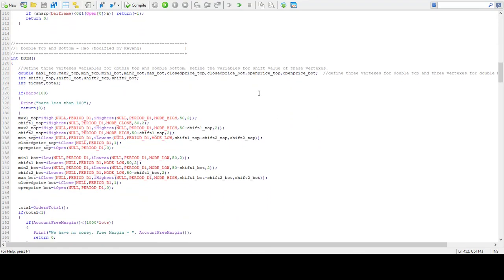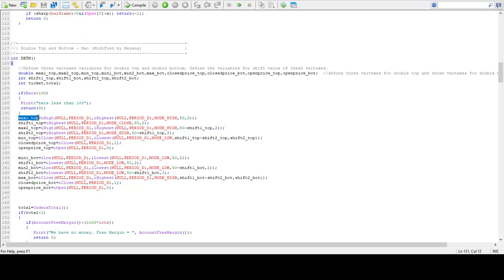Here, the pattern is to search for 2 peaks, either in the positive direction or the negative direction, depending on the current trend. Obviously, double top is looking for 2 peaks in the positive, double bottom is looking for 2 peaks in the negative. These are the variables used to store what it's looking for.